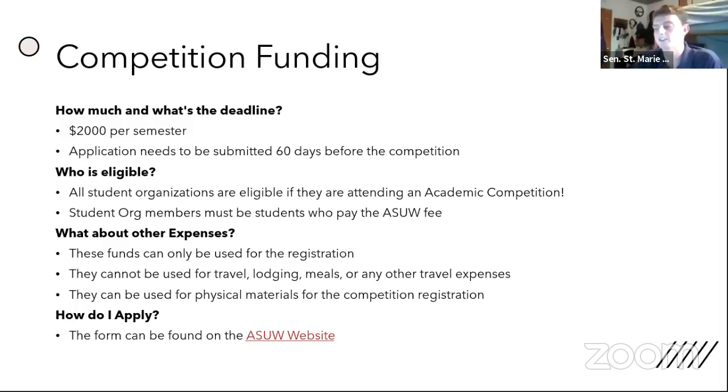However, with this, if the competition registration fee is not $2,000, you could request the full $2,000 and use some of that to buy physical materials. So for the American Society of Civil Engineers, they could use that extra $150, $200 to help build their actual dam.